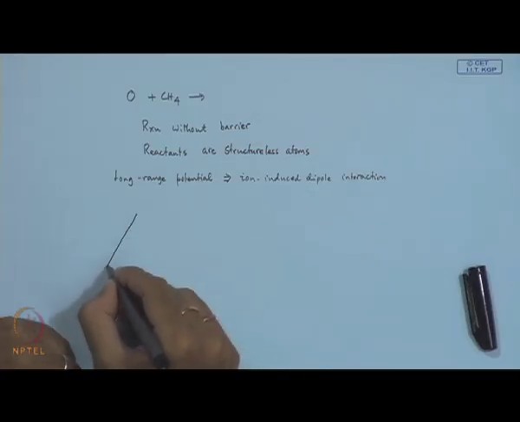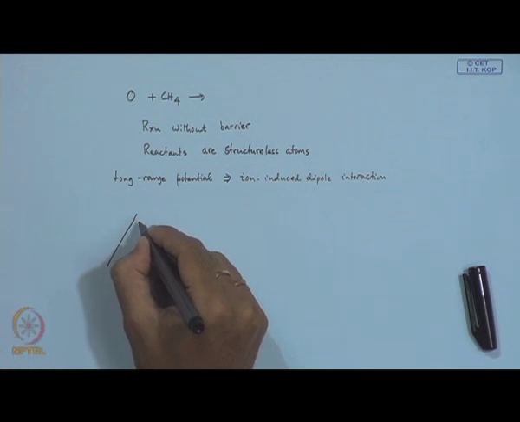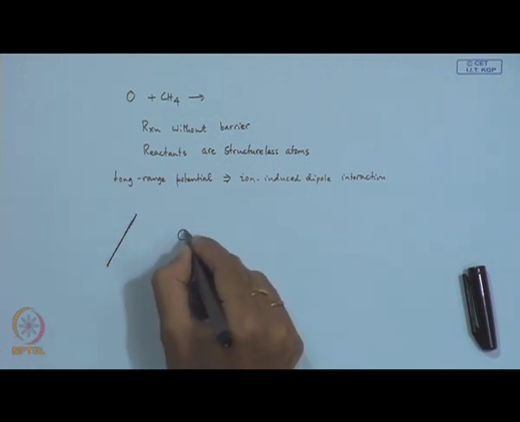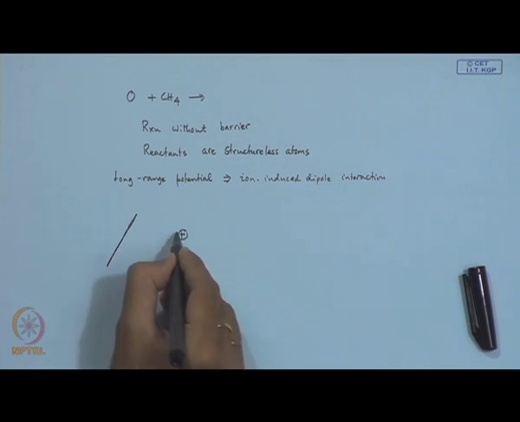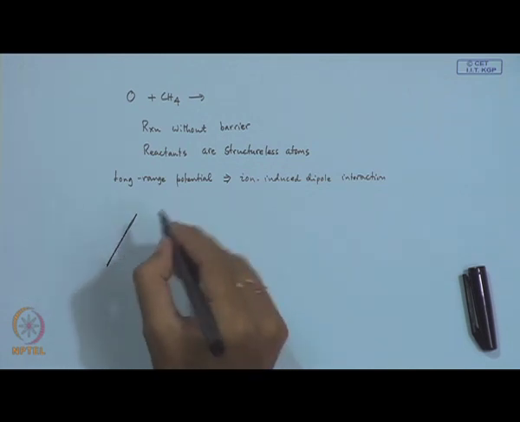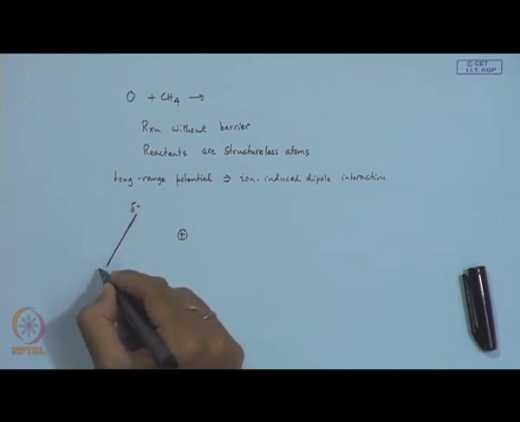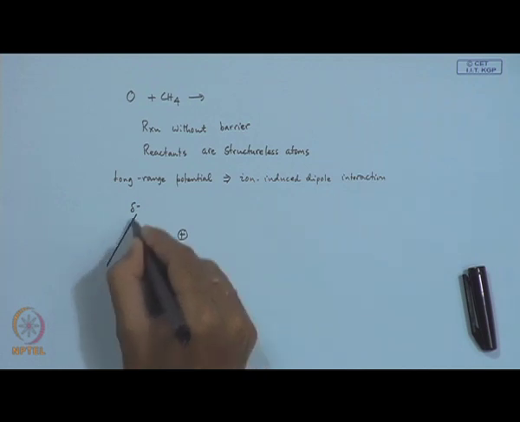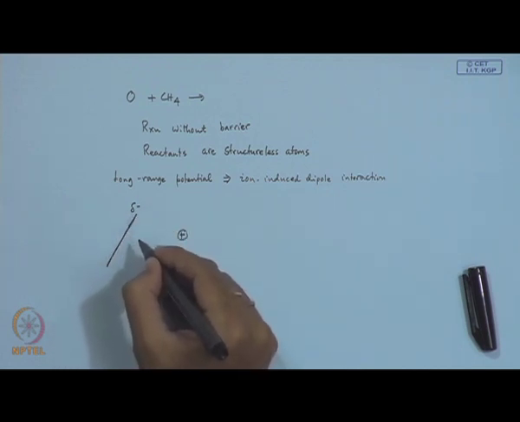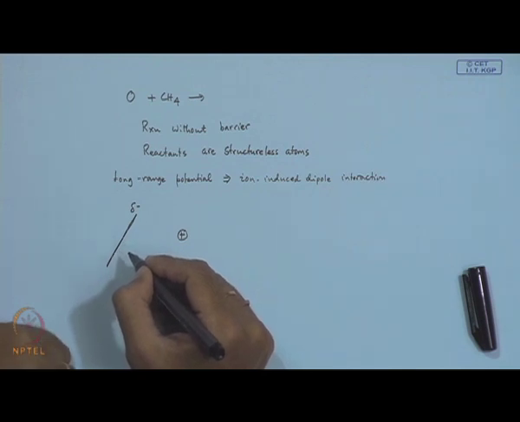If it is a negatively charged one, it will tend to induce a positive charge over here. So, you have got your ion over here, say plus charge, which is inducing. So, a dipole is induced, this side becomes delta minus, and the other side becomes less negative. So, it will act as an induced dipole. So, induced dipole ion interaction.